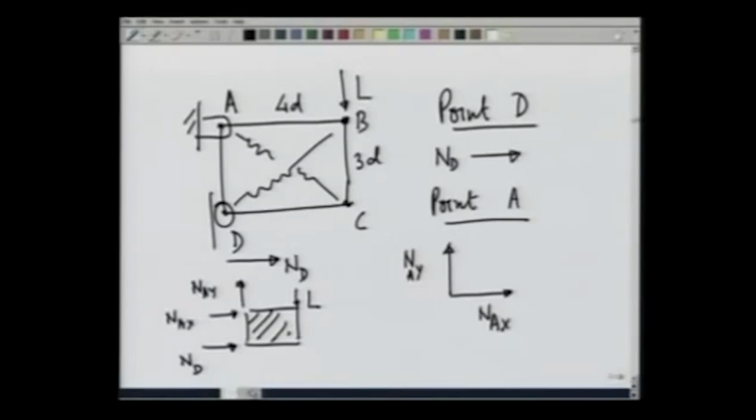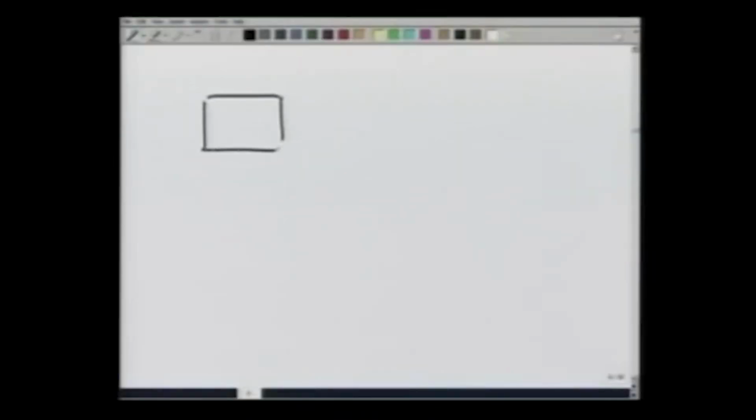Since there are only 3 external forces ND, NAX and NAY, these can be determined very easily. It is a 2-dimensional problem. So, let me make it again. There is a load L, ND, NAX, NAY.